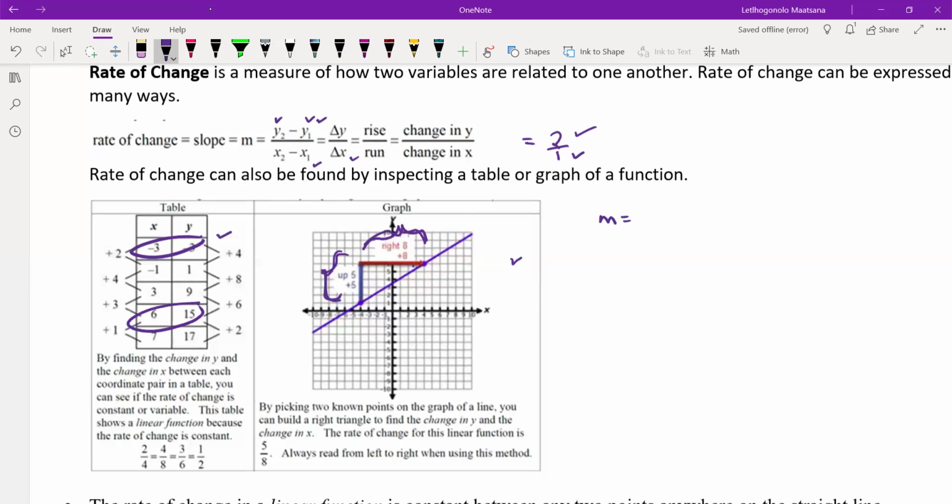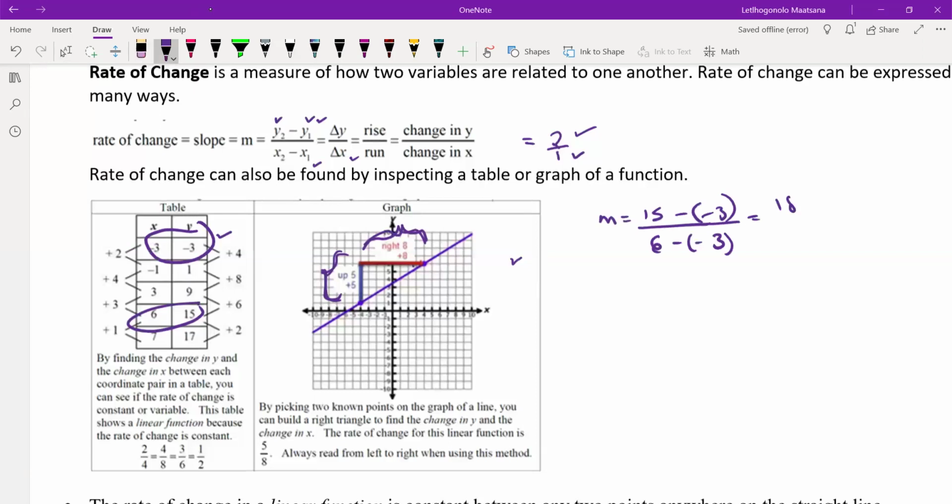So we will have 15 minus 3 over our change in x, which is going to be 6 minus negative 3.